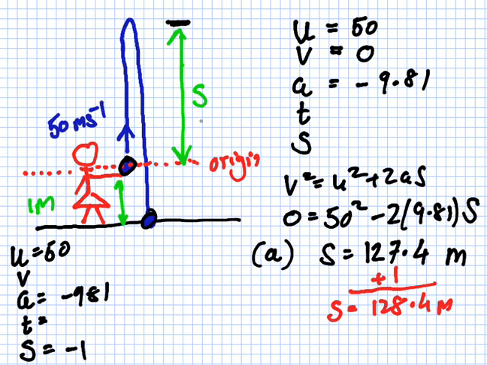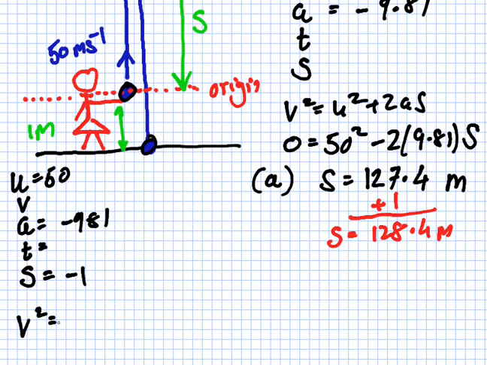Okay, so I want the T and the V to finish this question. What formula will I use here? Could I use V squared equals U squared plus 2AS? Yeah, I could use that.